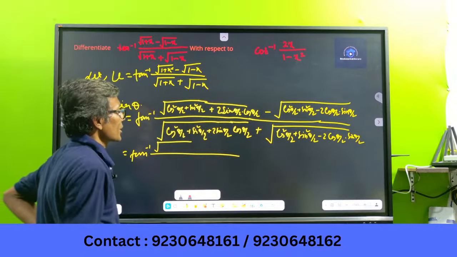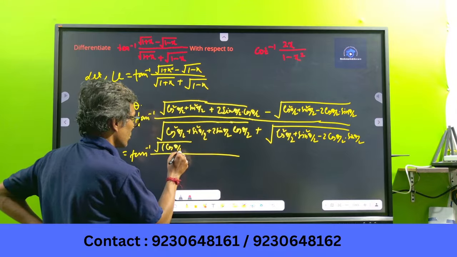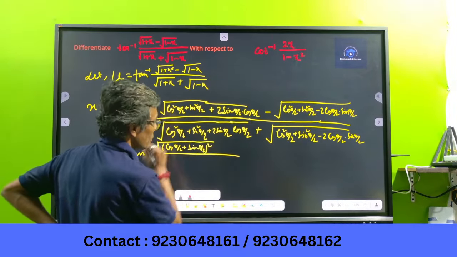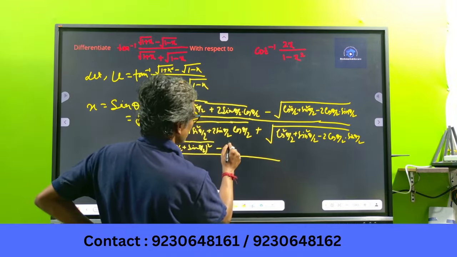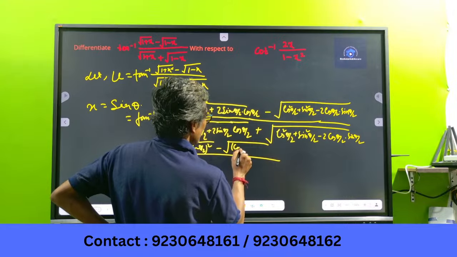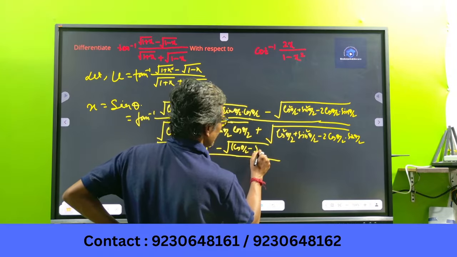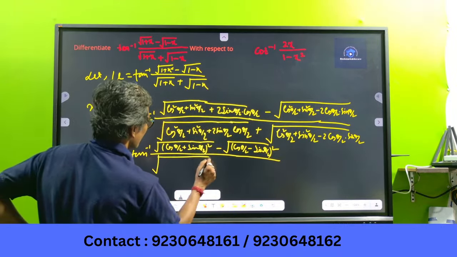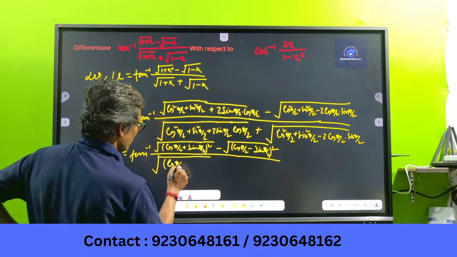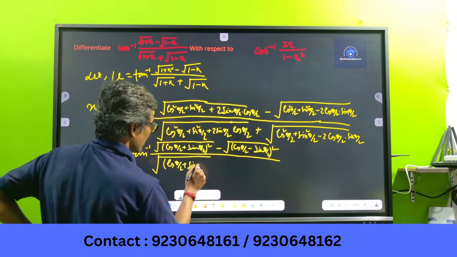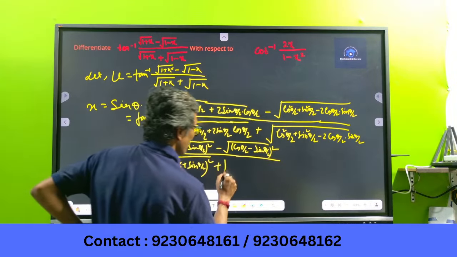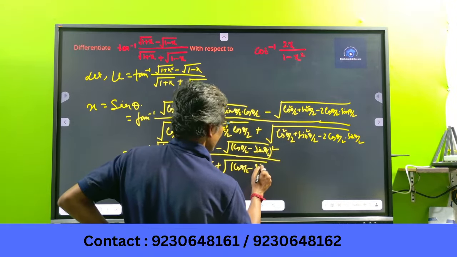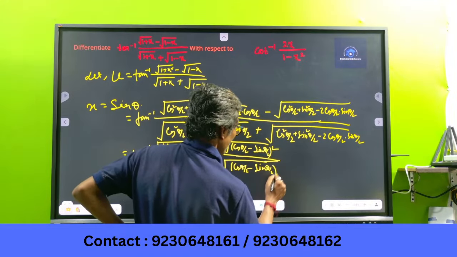So cos theta by 2 plus sine theta by 2 whole square, minus cos theta by 2 minus sine theta by 2 whole square, root over of cos theta by 2 plus sine theta by 2 whole square plus root over of cos theta by 2 minus sine theta by 2 whole square.